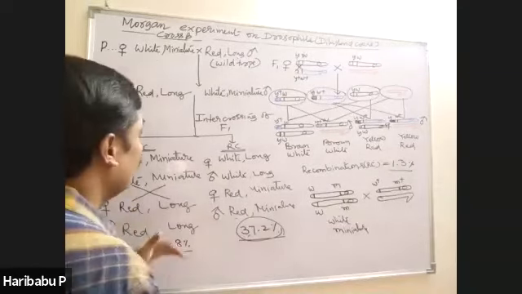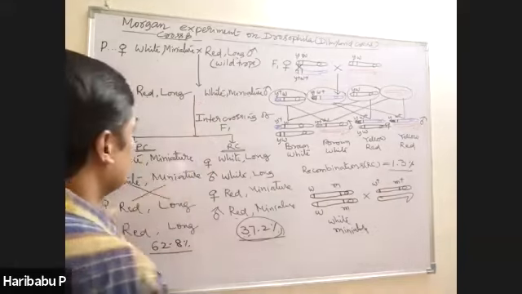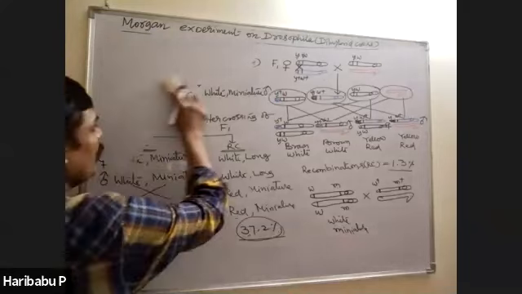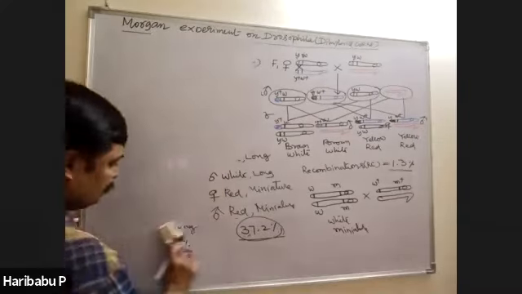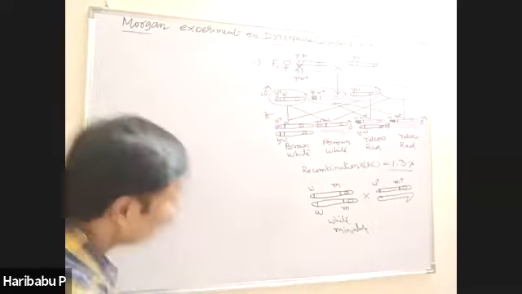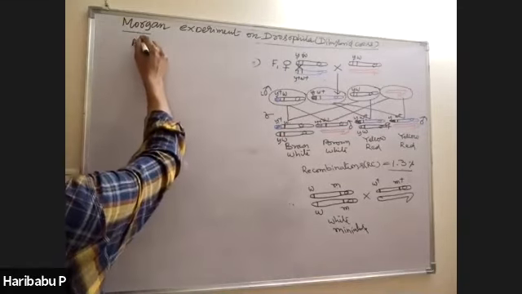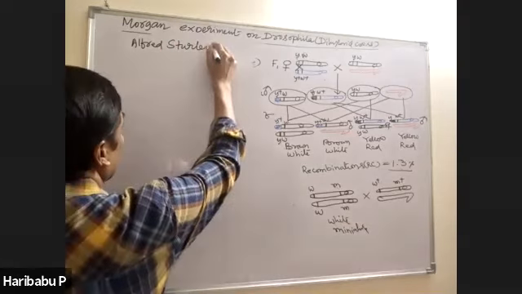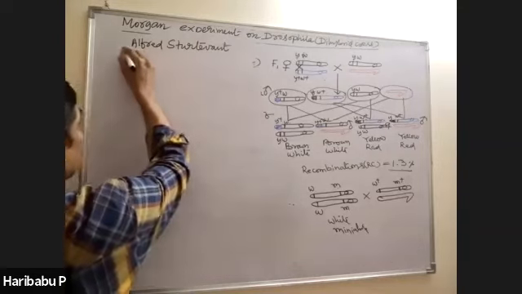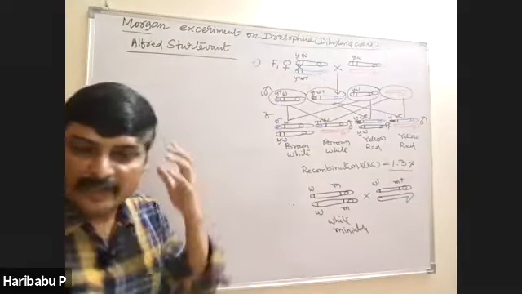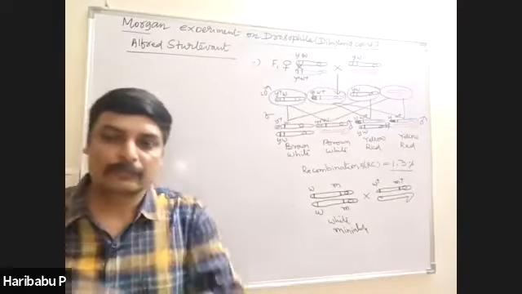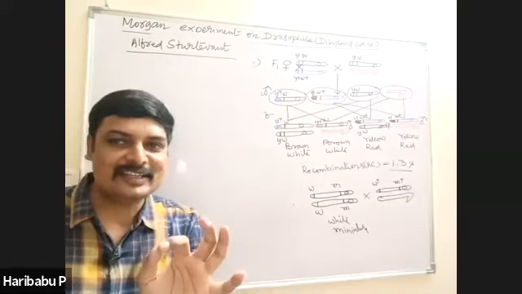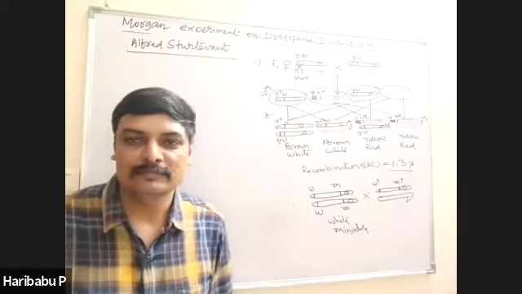Right. Then, based on these observations, Alfred Sturtevant, a student of Morgan, mapped the positions of genes on the chromosome in Drosophila.